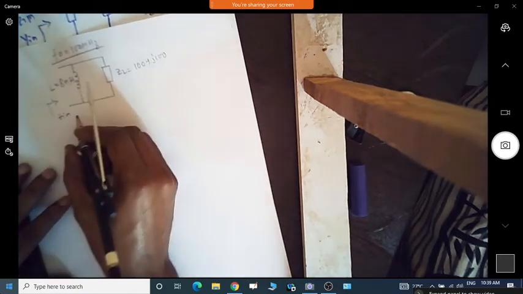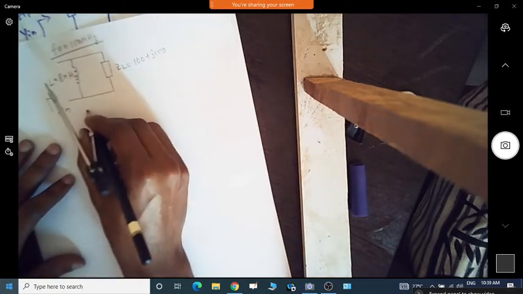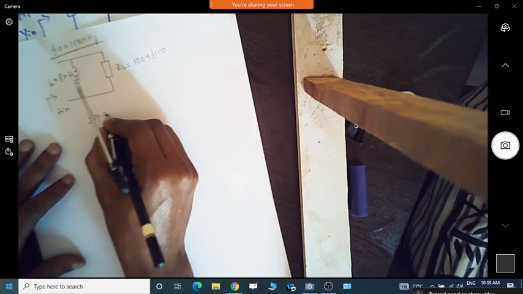Now first we need to find the susceptance offered by the inductor, that is JBP.